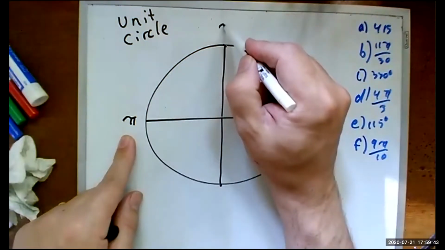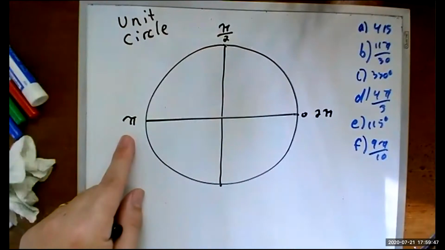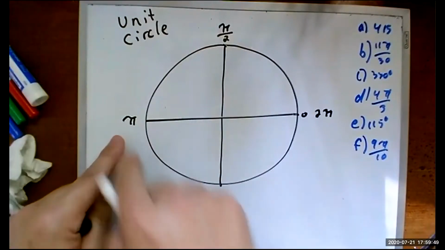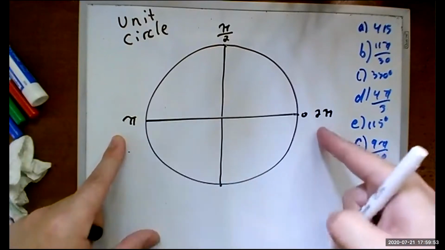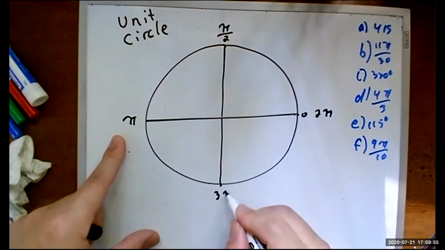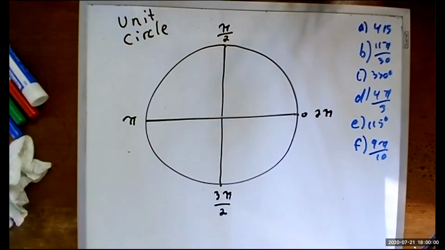So literally we're at pi over 2 as we're halfway through. We can do the same thing going the other way. At the bottom, again, we're halfway between pi and 2 pi, which really means we're at 3 pi over 2. So far, so good.